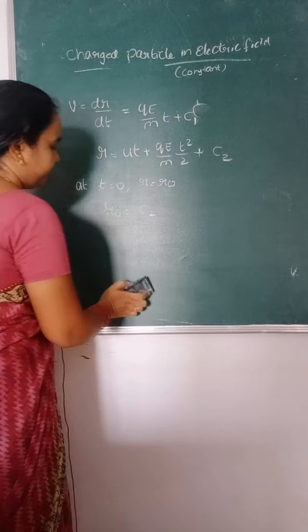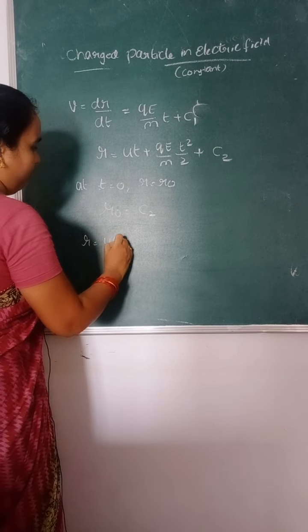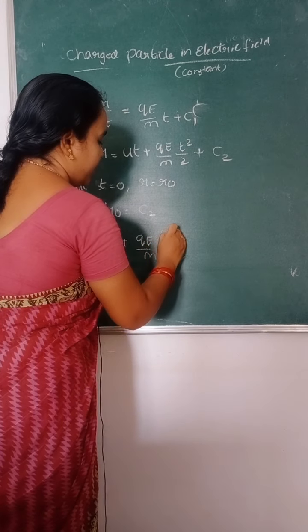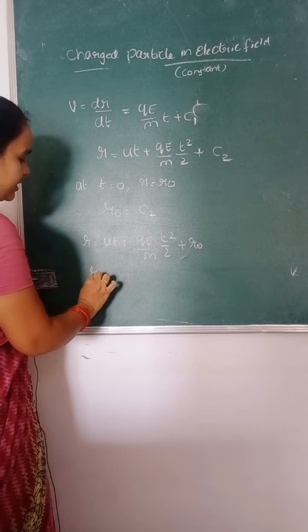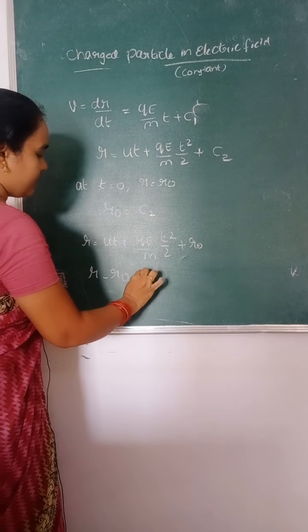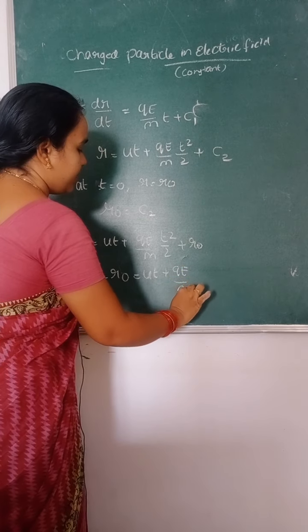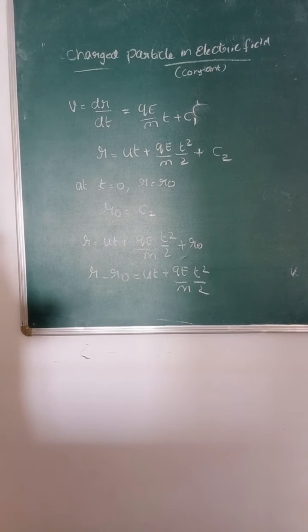Then r is equal to ut plus qE by m into t square by 2 plus r naught. Then the displacement, that is r minus r naught, is equal to ut plus qE by m into t square by 2. So this is called the displacement of the particle.